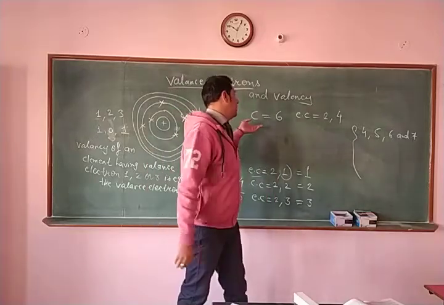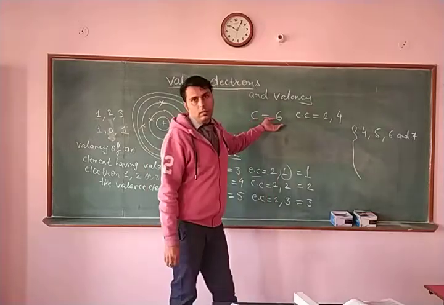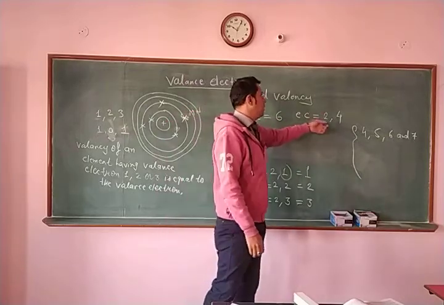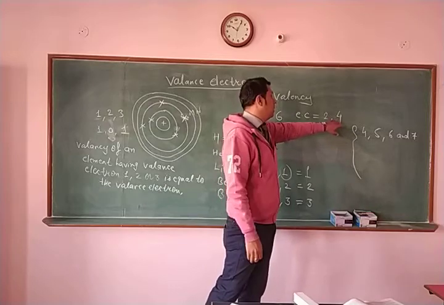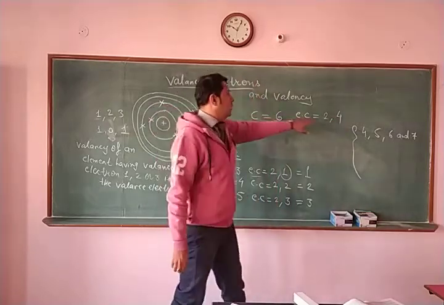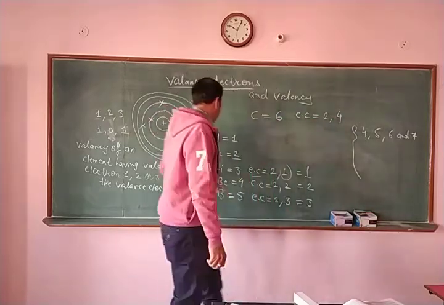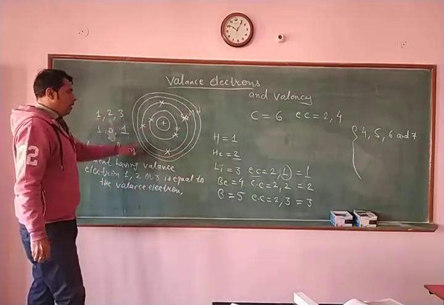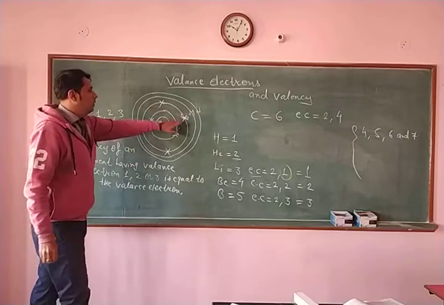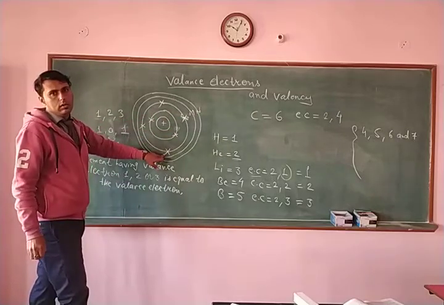Talking about carbon, it has atomic number 6. The EC of carbon is 2, 4. So the valence electrons for carbon are 4. This is the structure for carbon: 6 electrons in total.